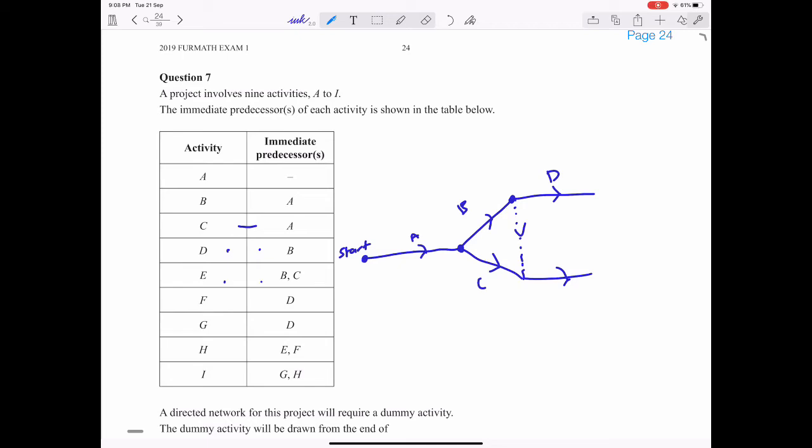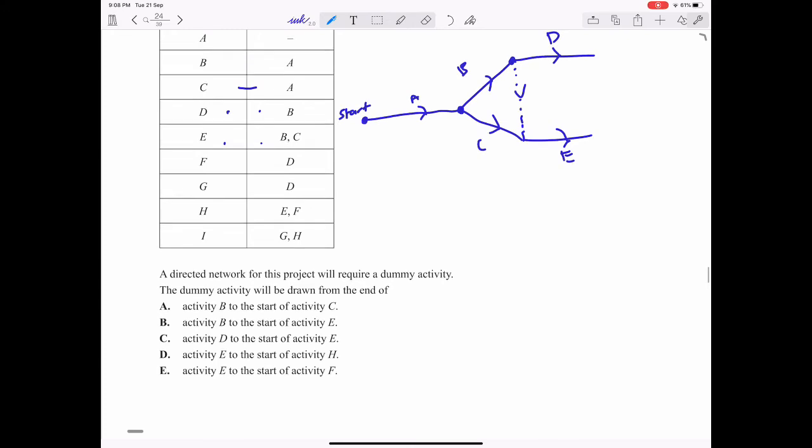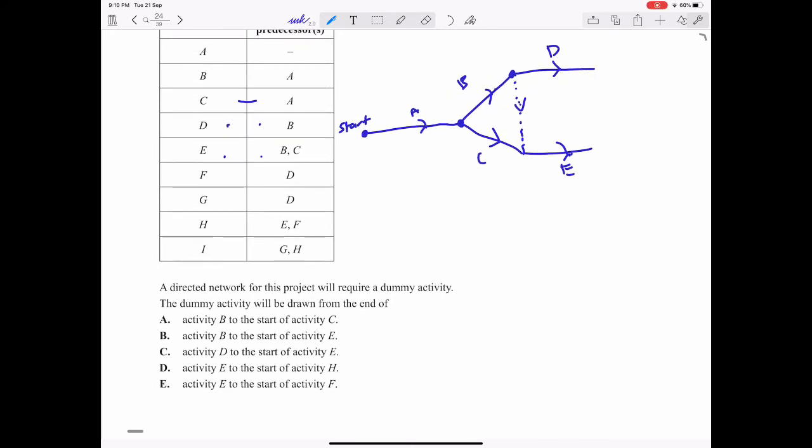And so therefore that would require us to use a dummy activity. So therefore B is the correct answer, as the dummy activity comes from the end of activity B and goes to the start of activity E over here. So therefore B is the correct answer.